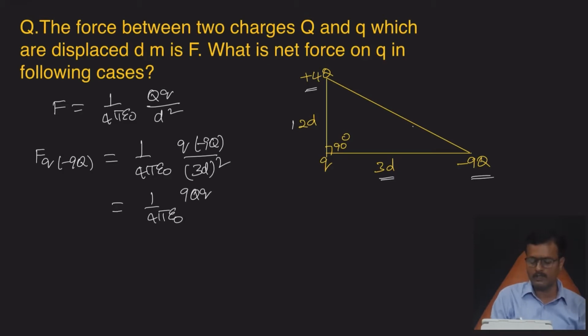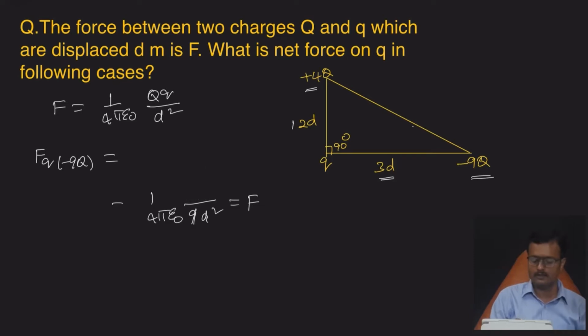I don't take the minus here, as it represents the direction; I only want the magnitude. 3 square is 9, d square, 9 cancels. So the force here is 1 by 4 pi epsilon naught Q q by d square, that is equivalent to F. Now what is the direction? Minus 9Q attracts the q.